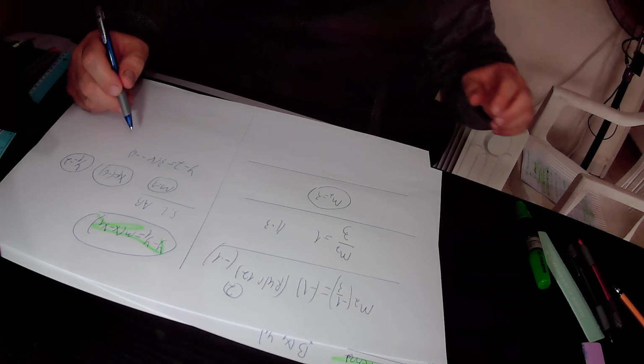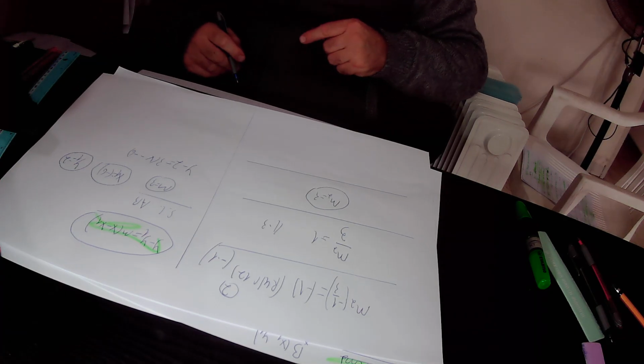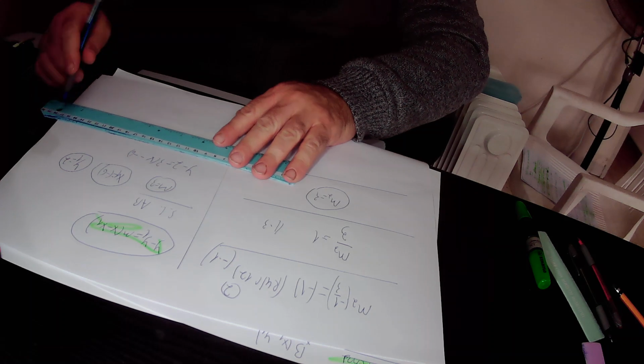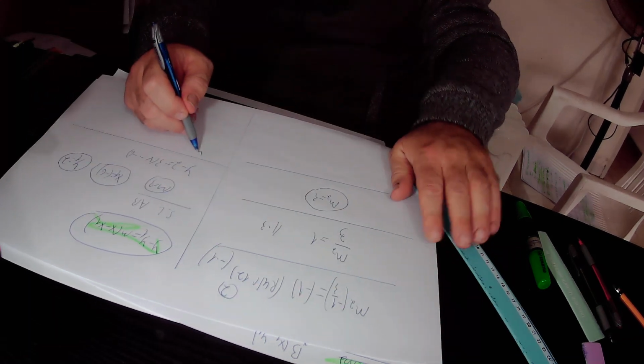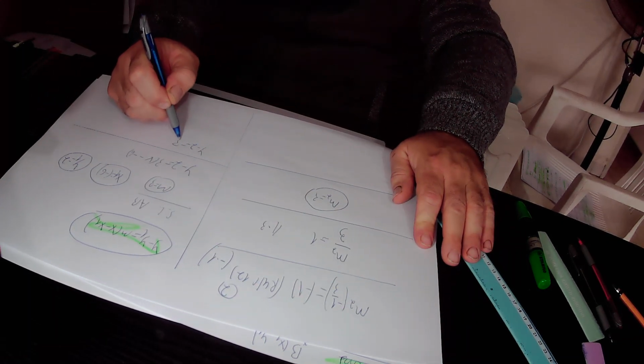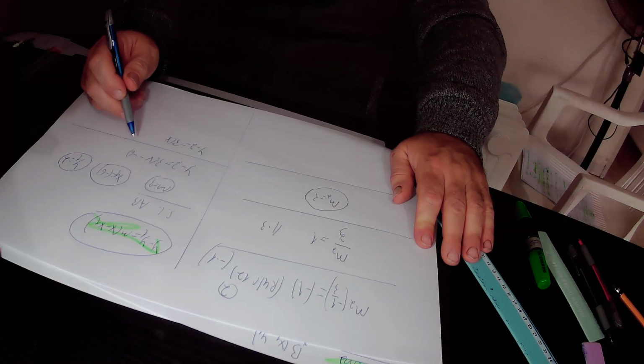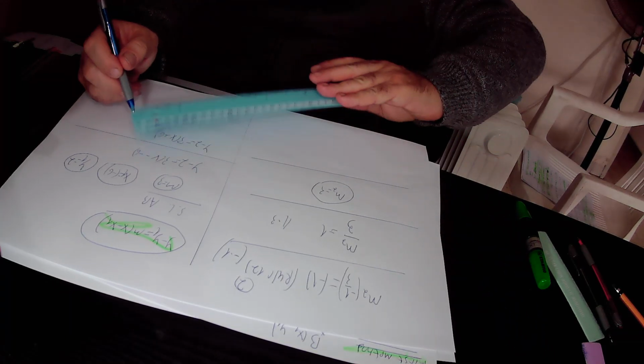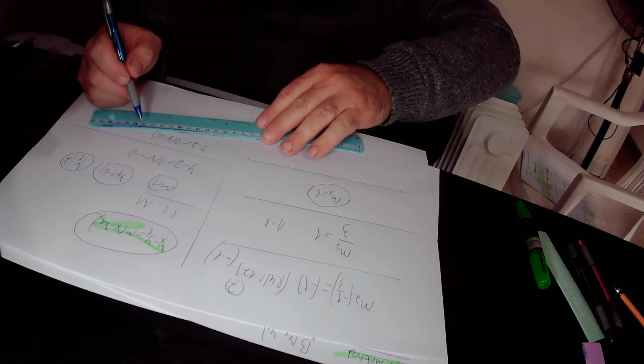So in total y minus 2 equals 3 times x minus minus 6, which is plus 6. So y minus 2 equals 3 times x plus 6.